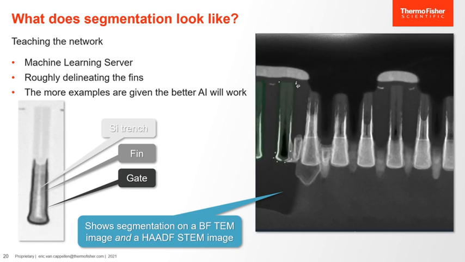But just like your brain, the neural network will finally grasp what to look for as long as you give it sufficient examples. So that's why it doesn't have to be perfect, but give it sufficient examples and it will finally totally understand what it's looking for.